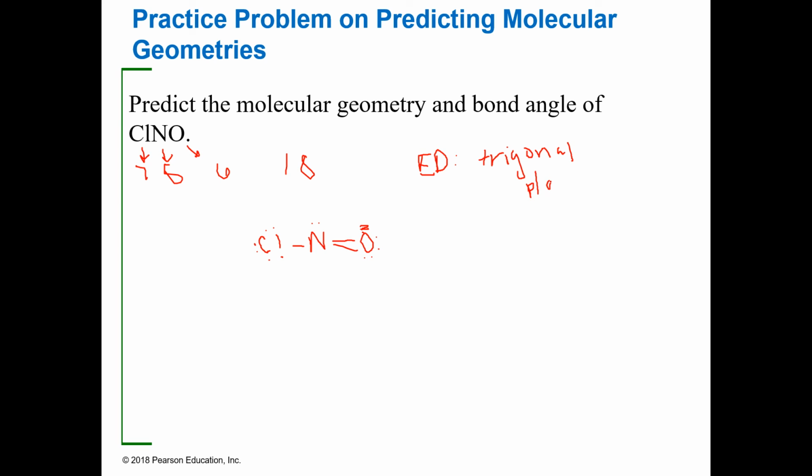And then our molecular geometry is going to be different because I have a lone pair here. So my molecular geometry is going to be based on 2 bonding pairs and 1 non-bonding pair. So if I look that up on my chart, the molecular geometry will be bent.